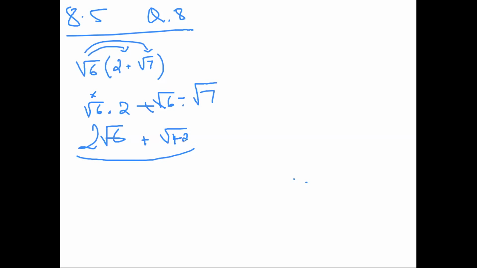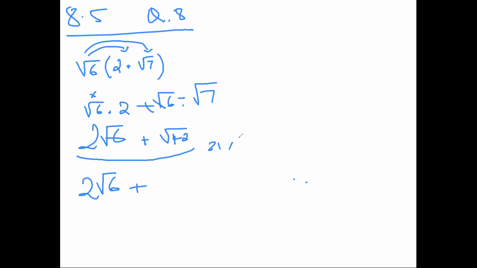Actually, let's see if we can simplify that. So 2 radical 6 plus radical 42. Do we know the square root of 42? What numbers multiply to 42? We have 21 and 2.